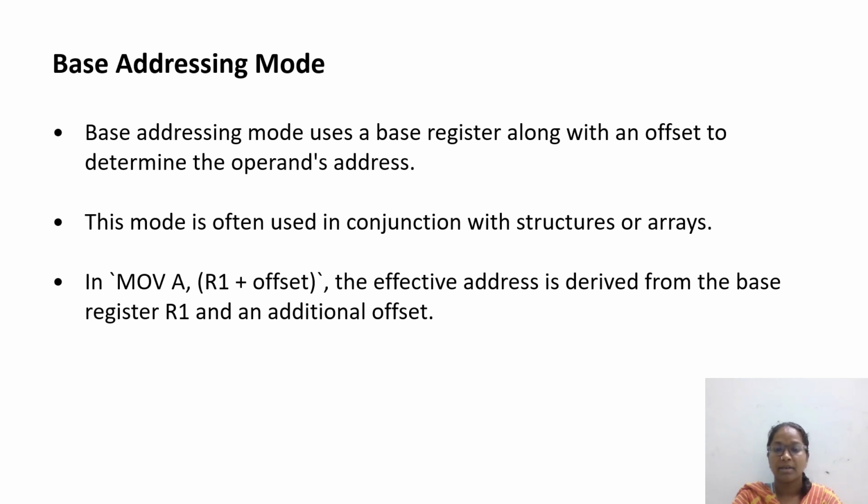Here we use R plus offset. The effective address is derived from the base register and an offset value; we take both in this type of addressing mode.